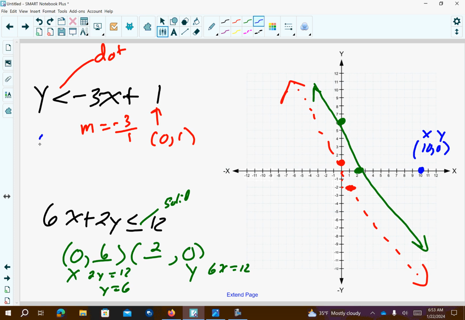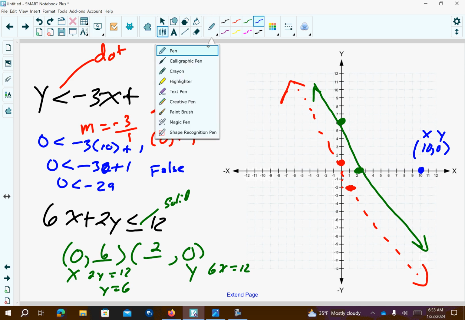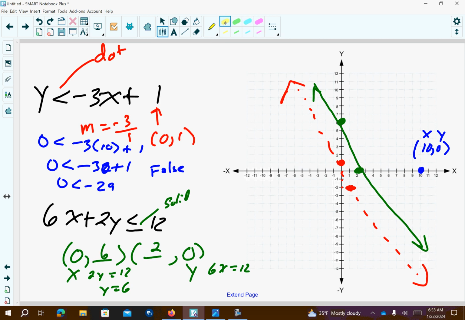So my y value is going to be 0, is less than negative 3 times 10 plus 1. Is 0 less than negative 30 plus 1? Is 0 less than negative 29? No, negative 29 is further to the left, so this is false. Okay, so I'm going to shade the left side of my red line.